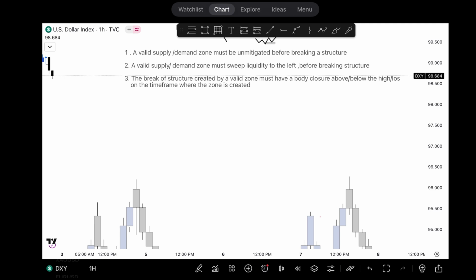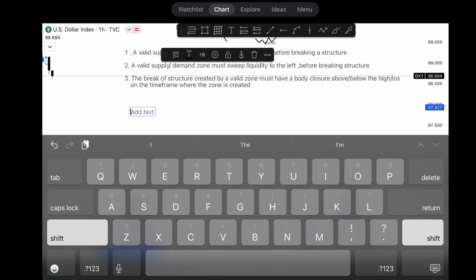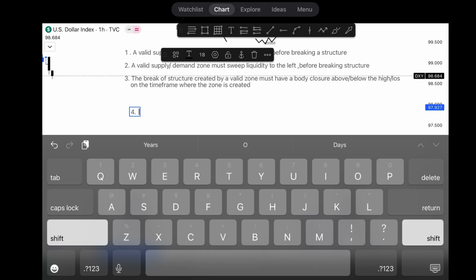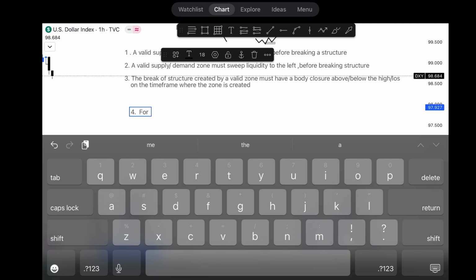Let me write it. The fourth row. For sales, a valid demand must be broken.